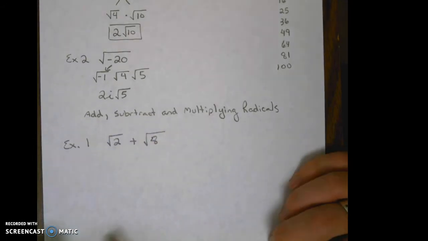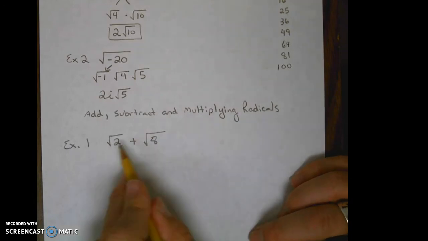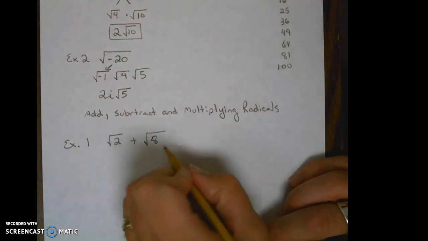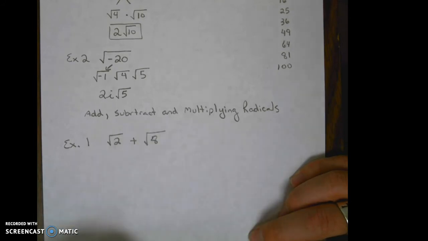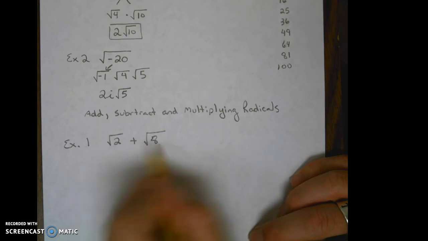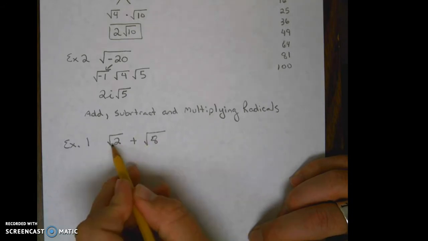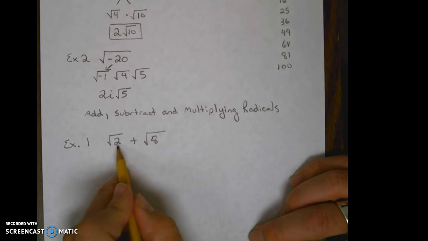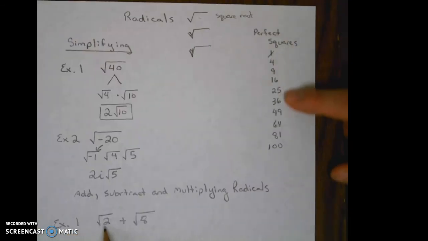Okay, so if we want to add these radicals together, we cannot do that because the radicand, the number underneath the radical, is called a radicand. The radicands are different. So in this format, we cannot add them together. So what we want to do is see if we can simplify. So looking at the square root of 2, are there any perfect squares besides 1 that go into 2?